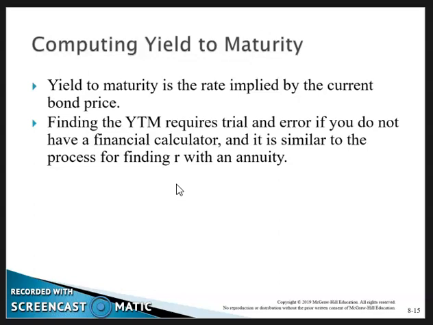One is using the time value of money keys. One thing to note: the time value of money keys are only valuable in calculating the value of a bond on an interest payment date. To calculate the price of a bond on any other date, you need to use either Excel or the bond price function on your calculator.